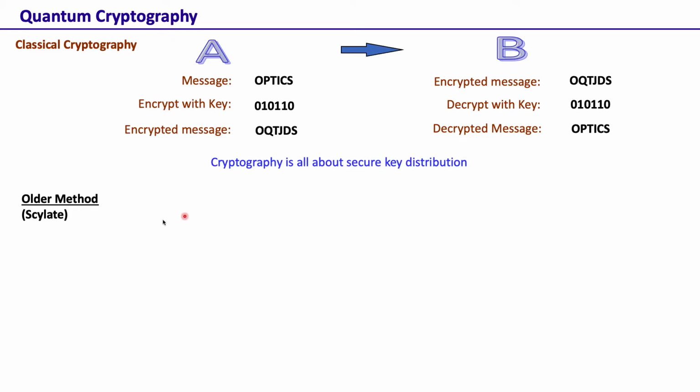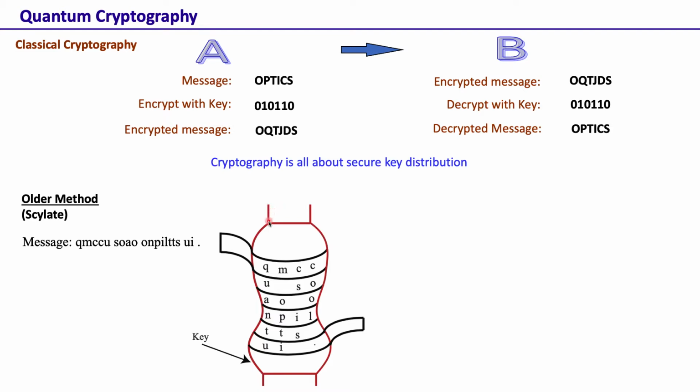So one older method for doing this, that means securely sharing the key, was this. This is called a scytale. For example, this red thing is a wooden block, and it has a particular shape, and this acts as a key.